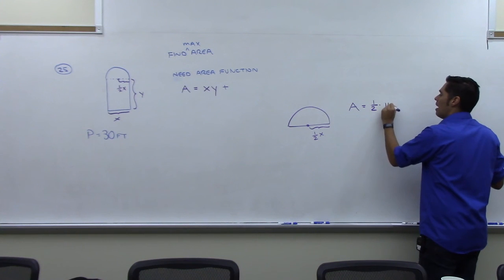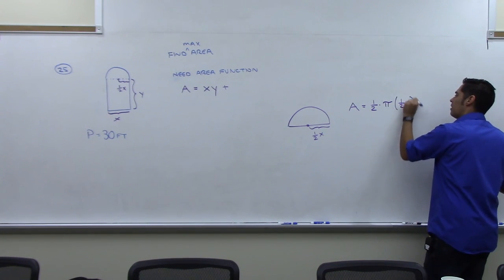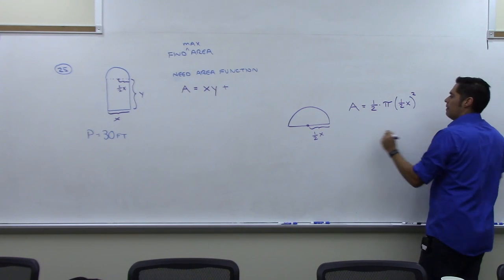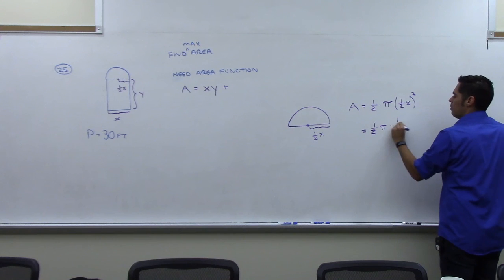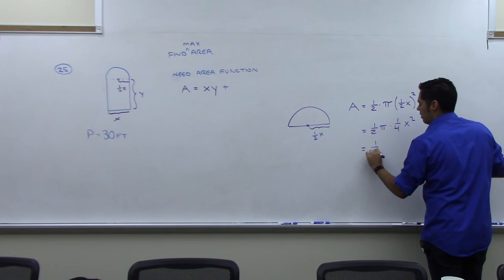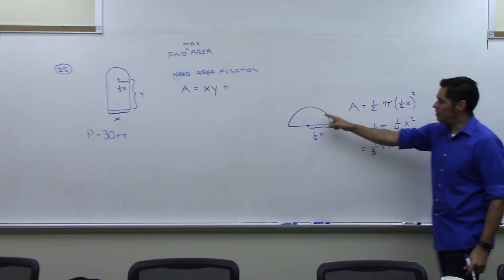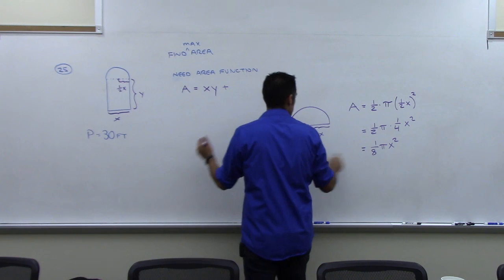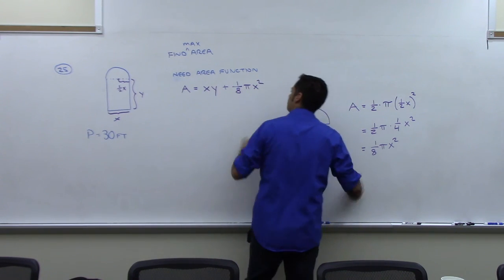So half of pi times the radius squared, but my radius is 1/2 x, right? Squared. So that's going to be 1/2 pi. When I square this, I get 1/4 x squared. And then putting all this together, I get 1/8 pi x squared. So I know the area of this, in terms of that picture, will be 1/8 pi x squared.